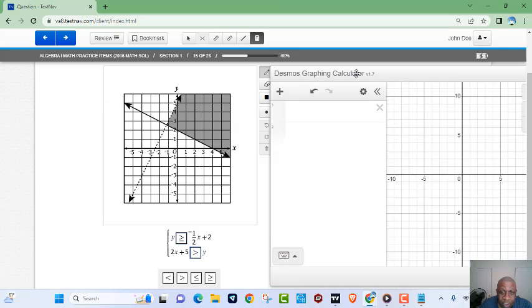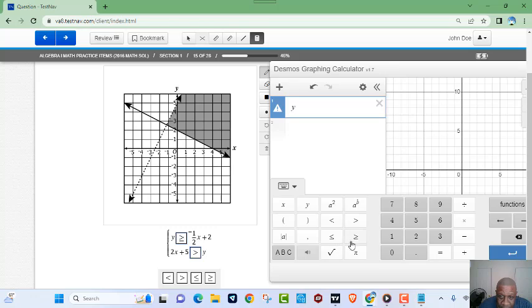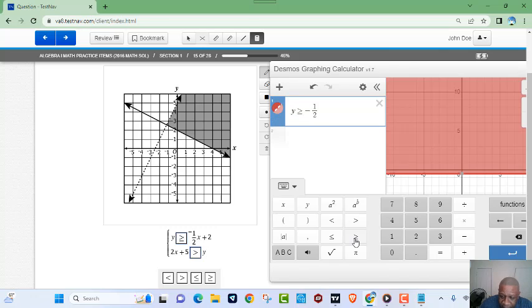Let's double check that on our DESMOS just to make sure that we do have the correct one. So we have y is greater than or equal to negative 1/2 x plus 2. All right, so we got that one. And then let's look at the next one.